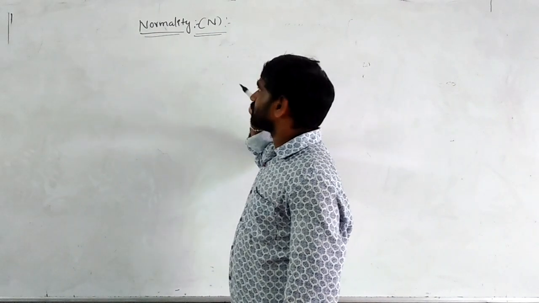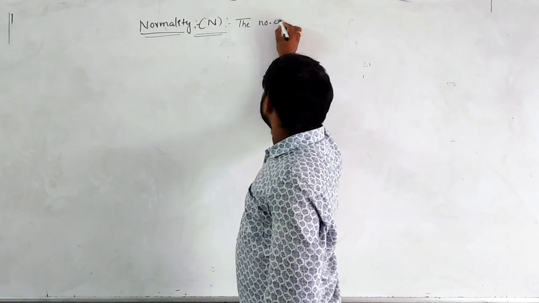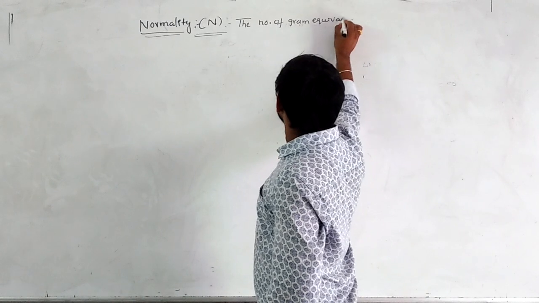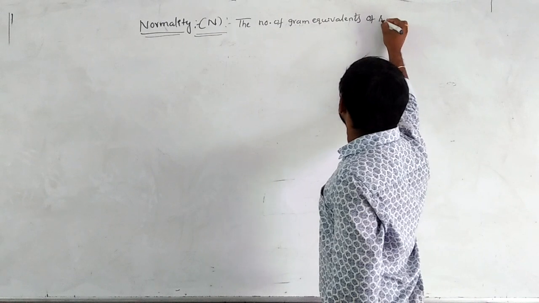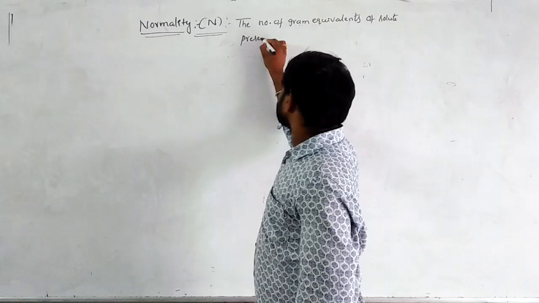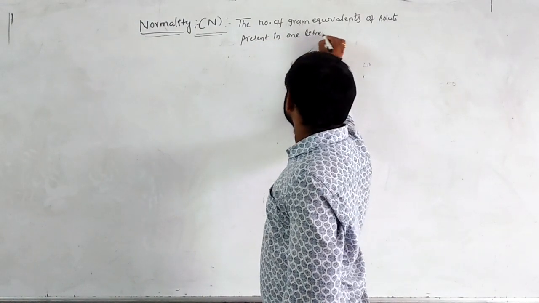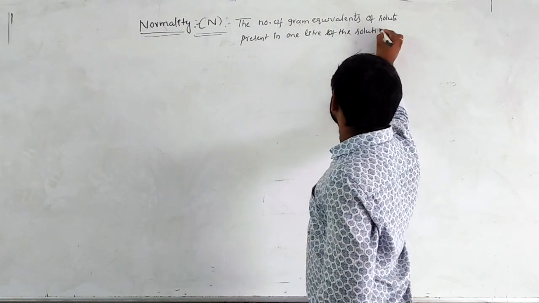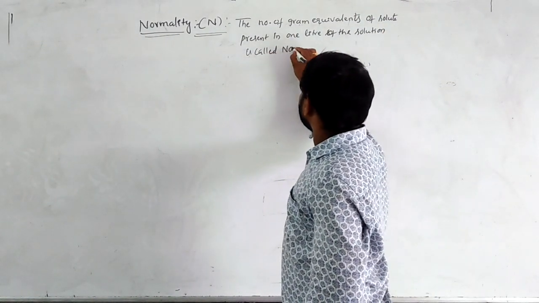Normality. What is normality, students? The number of gram equivalents of solute present in 1 liter of the solution is called normality.